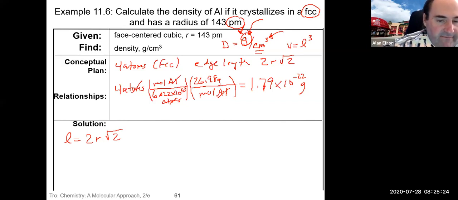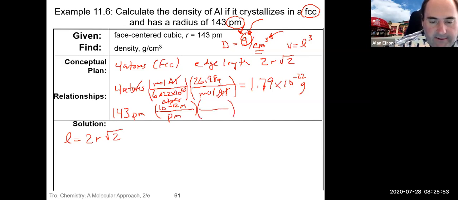So what I'm going to do first is take my picometers and convert them to centimeters so that they're in the right units, because ultimately my volume wants to be in centimeters cubed. So pico is 10 to the minus 12. So 10 to the minus 12 meters in a picometer.